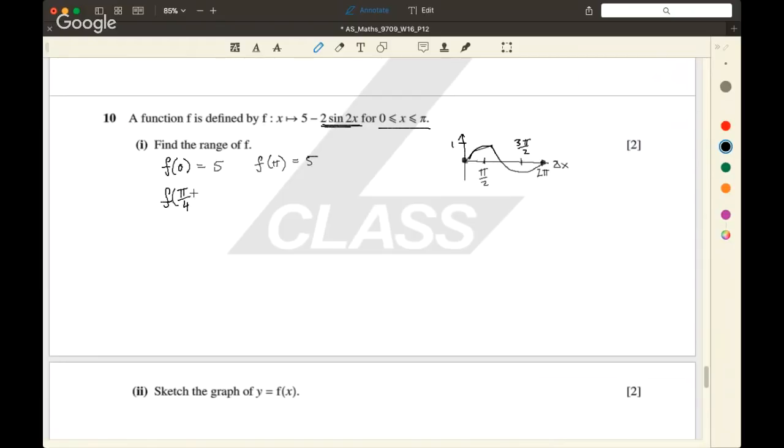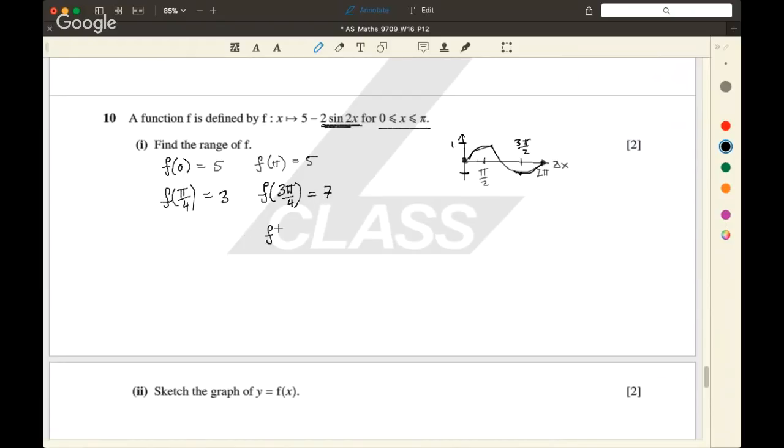And that'll give us a sine of 2x of 1. And that means it's 5 minus 2 times 1, which is 3. And if we put in x is equal to 3 pi on 4, so 2x is equal to 3 pi on 2, we get sine of 2x is equal to minus 1. And therefore, this is equal to 5 plus 2, which is 7.